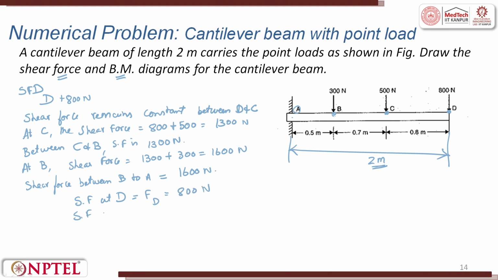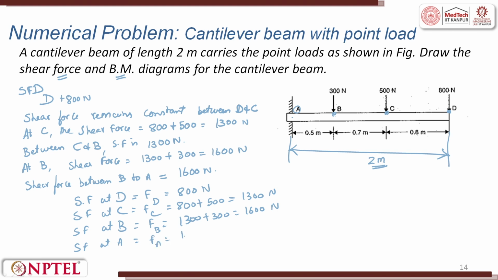The shear force at C is FC, which is 800 plus 500, which is 1300. Shear force at B is FB, which is 1300 plus 300, which is 1600. Everything is in Newtons. Now, the shear force at A is FA, which is 1600 Newtons.